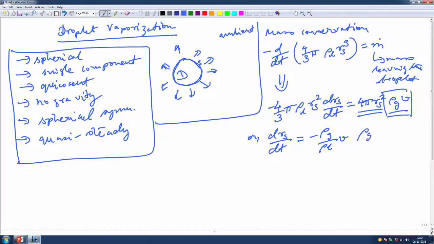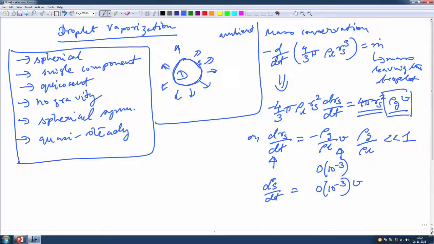right. And as we know, rho g by rho L is much less than 1, this is true for all the cases. So, this implies that this rate, which we already established in the last class, is much lower than this. It is rho g by rho L, so it is of the order of 10 to the power of minus 3. This would mean that d R s by dt is of order 10 to the power of minus 3 into V. So essentially it means that V is much faster compared to dRs by dt.